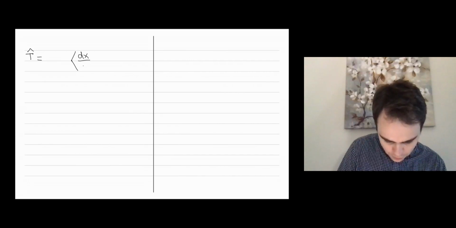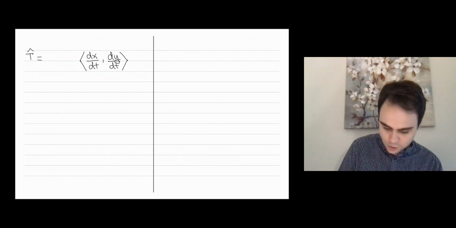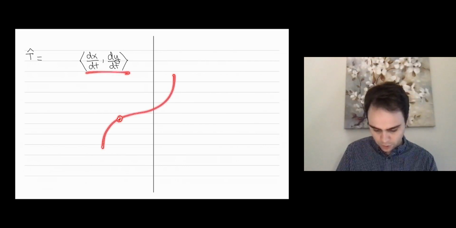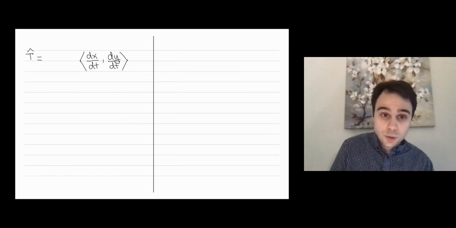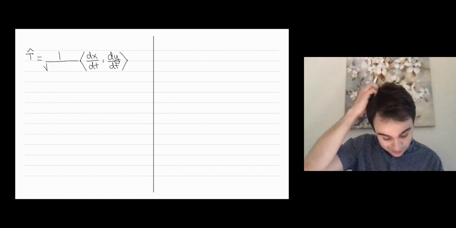You just take the velocity vector of the parameterization. Right, this tells us this is tangent to the curve. So the velocity, you could just think of a particle. The velocity is tangent to the trajectory, but it's not a unit vector. So to make it a unit vector, I'm going to divide this by its length.